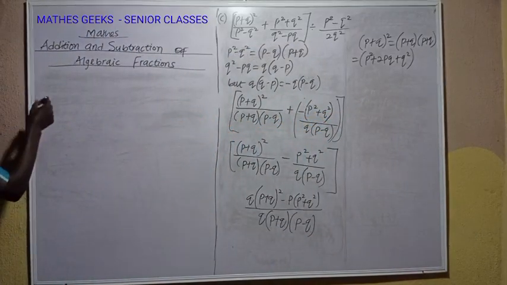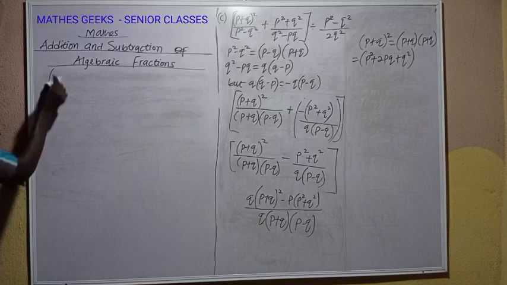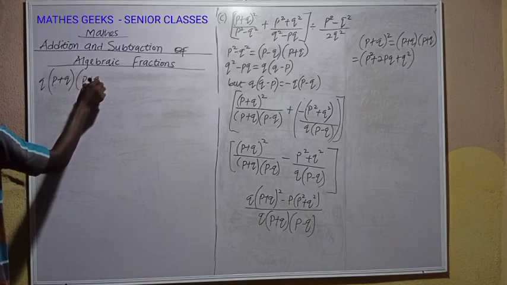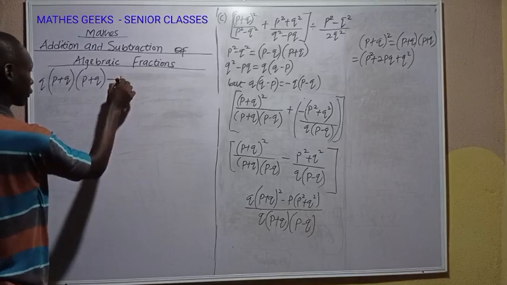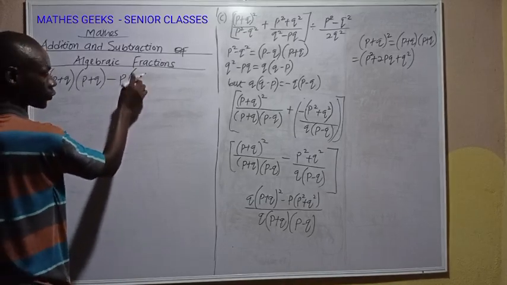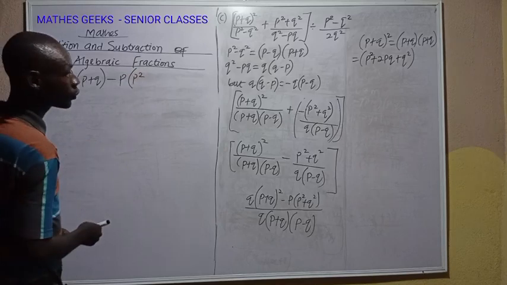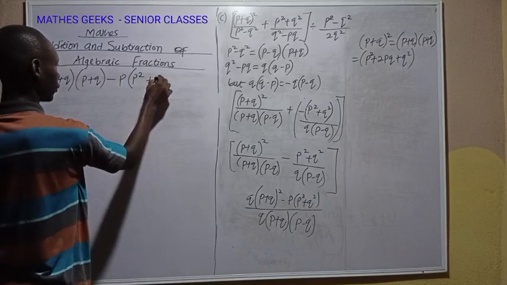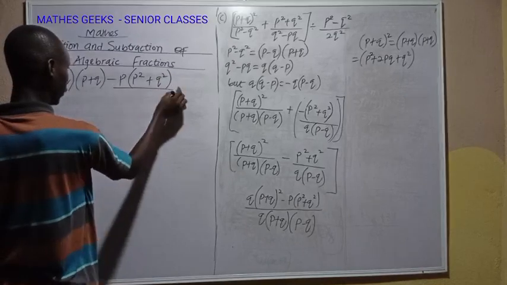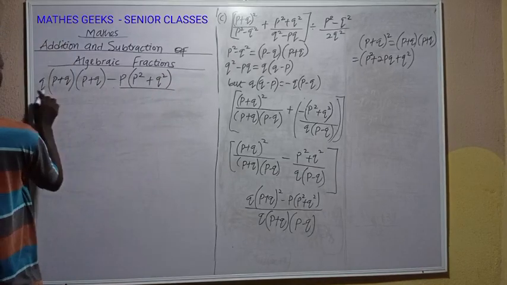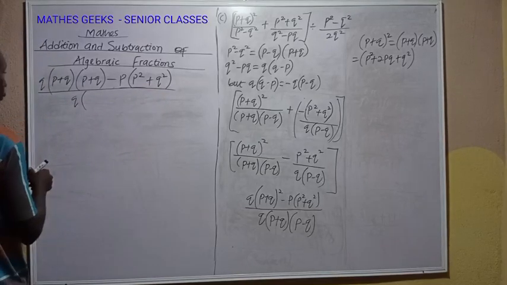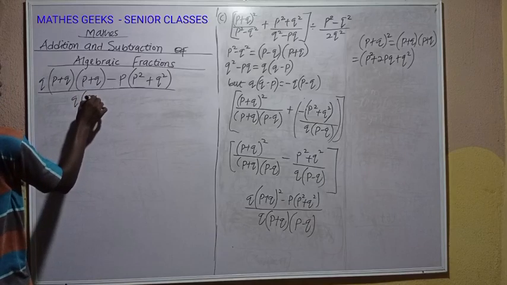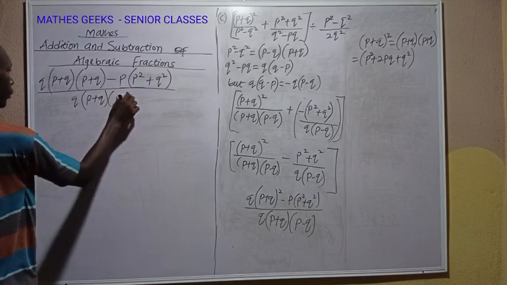So this equals q(p plus q)(p plus q) over, minus p squared plus q squared over q plus q and p minus q.